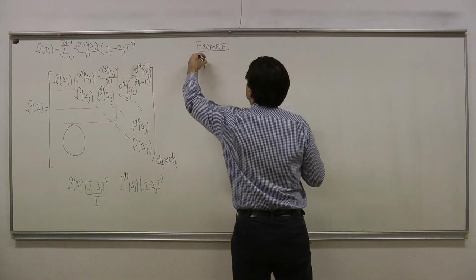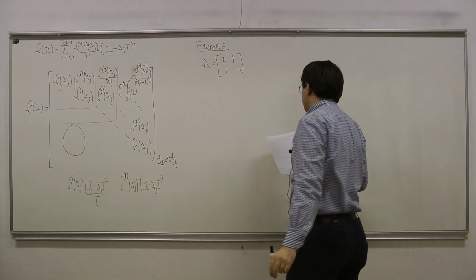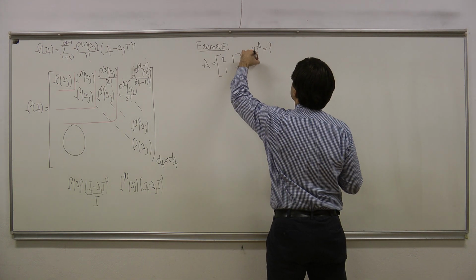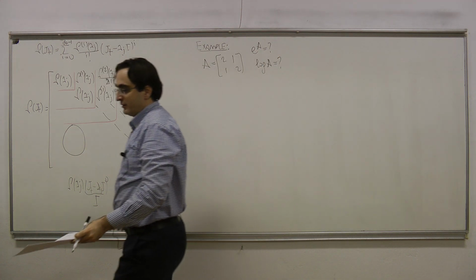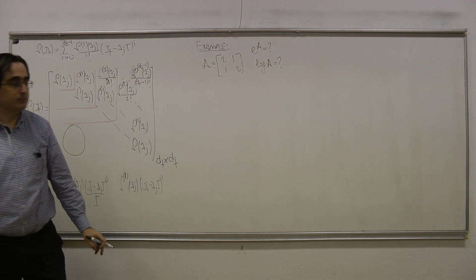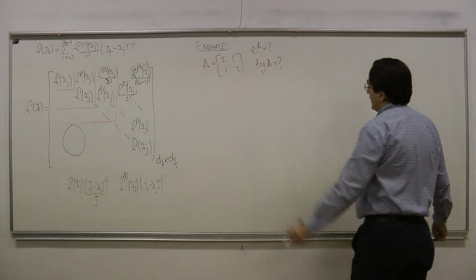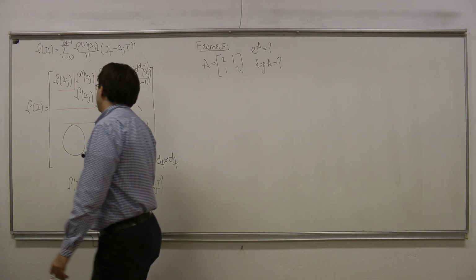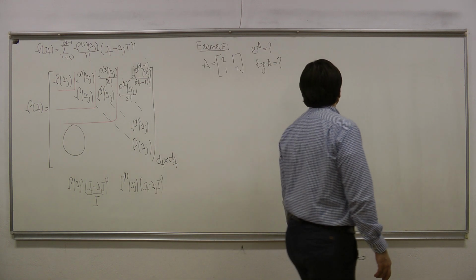So this is a very, very simple example of a matrix that we have seen before. And here we have to calculate e to the A and log A using the second method that we have learned now. We have already calculated e to the A and the logarithm of A using the first method of calculation, and now we're going to apply the second theory that we have learned onto the same task.